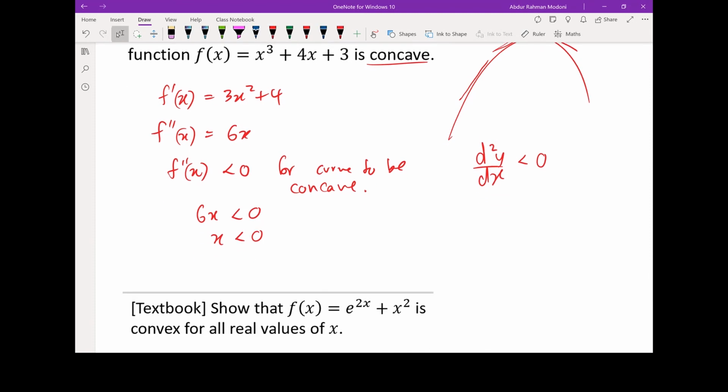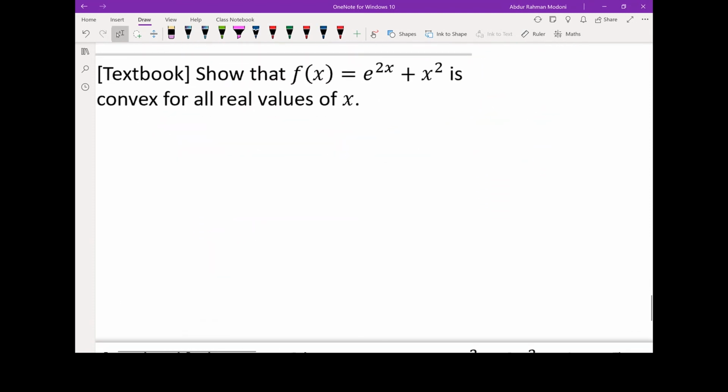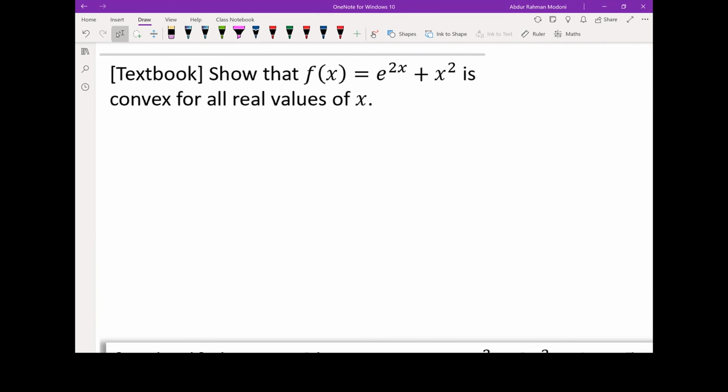Let's take a look at another question then. Show that f of x equals e to the 2x plus x squared is convex for all real values of x. So first of all, I'm going to look at that word convex, and I'm going to draw a few tangents to remind us of the derivative. We can see that the gradients are increasing as we increase values of x.